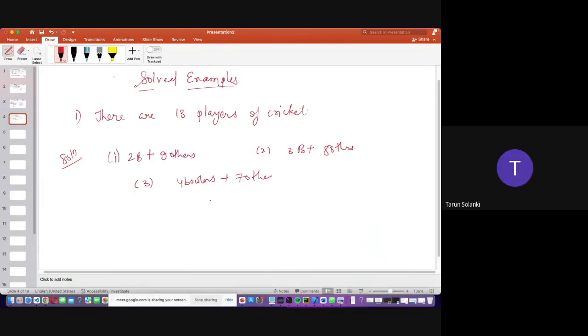So there are four bowlers, nine others. So the total number of selections will be 4C2 into 9C9 plus 4C3 into 9C8 plus 4C4 into 9C7. So solving, 6 plus 36 plus 36, so that is 78 as the answer.